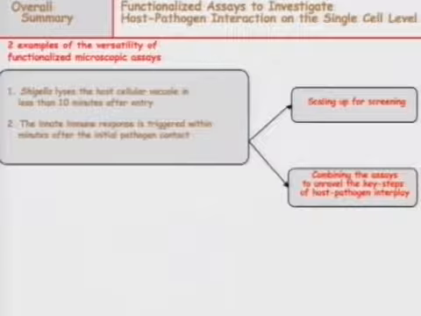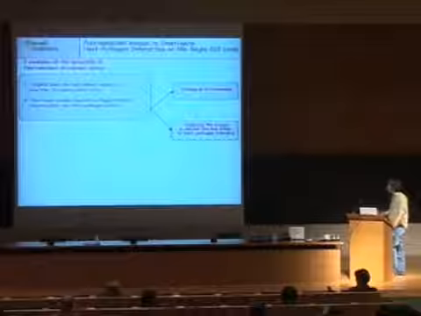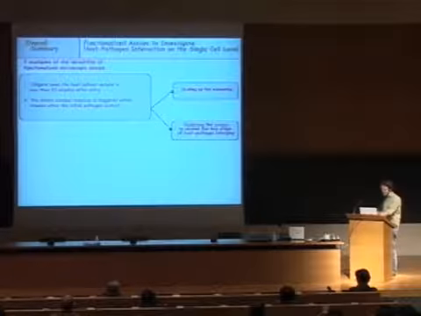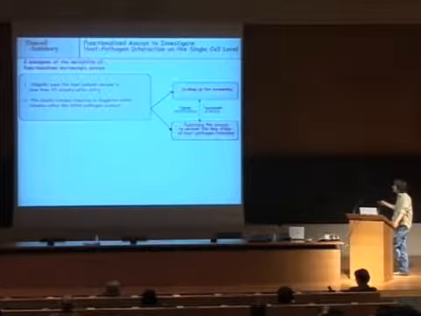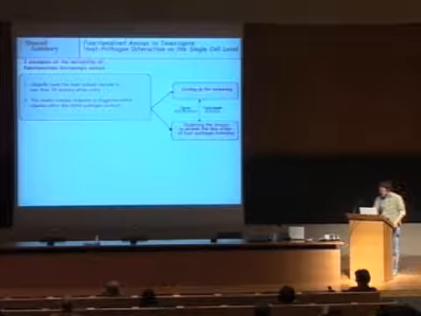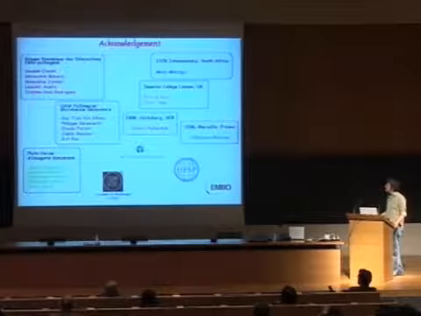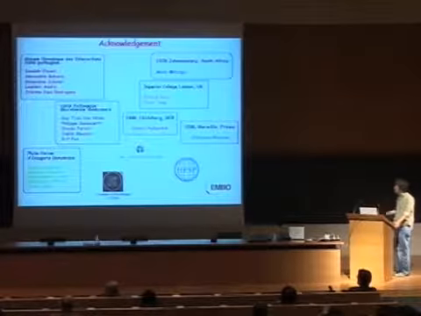These assays can be scaled up for screening, and they can be combined to unravel the key steps of the host-pathogen interplay. With this, we can identify the factors that are really involved in this process, and we can perform functional analysis.